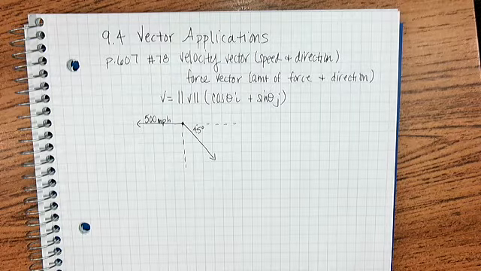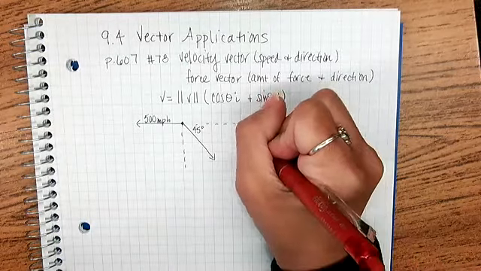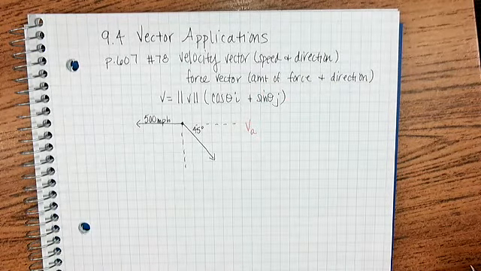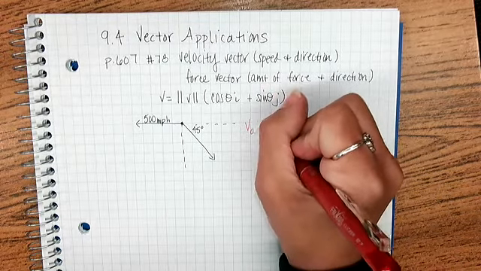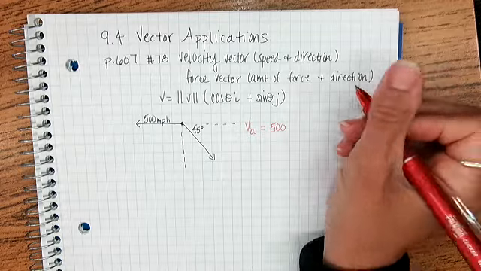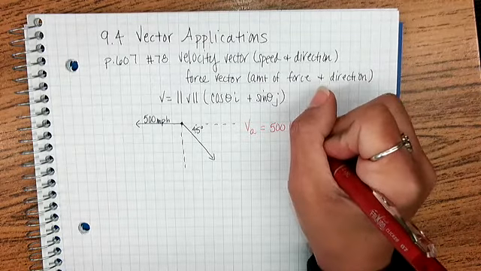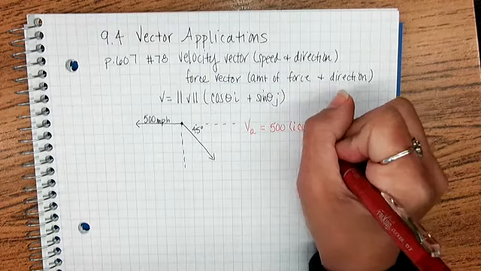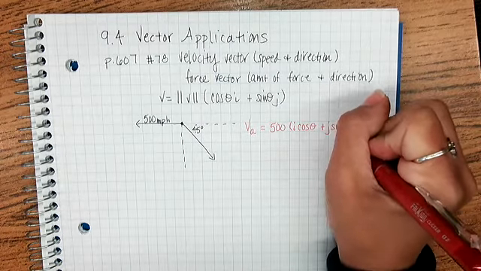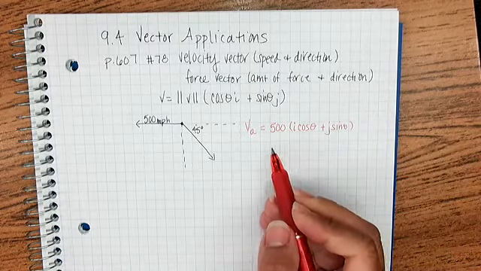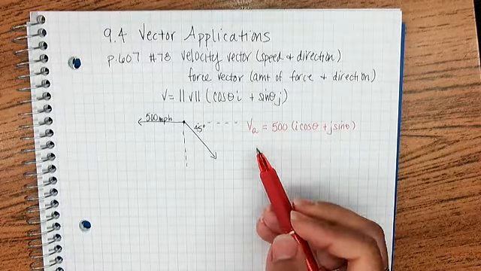The velocity of the jet relative to the air. Okay, so they have us noting that with V sub A. So this is going to be 500. That's how fast the plane is going. i cosine theta plus j sine theta. 500 comes from how fast the plane is going.